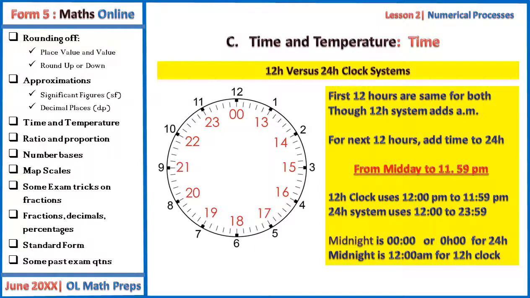Midnight for the 24-hour clock system is 00:00 or 0:00. Midnight is 12 a.m. for the 12-hour clock system. Note, midnight is AM.